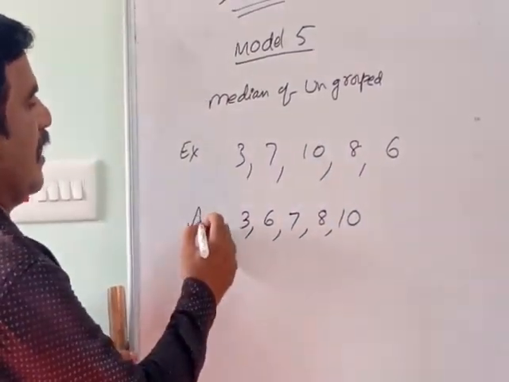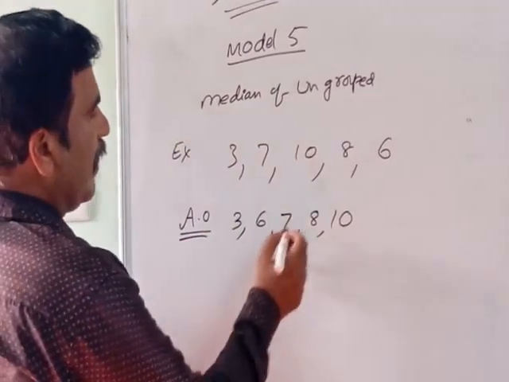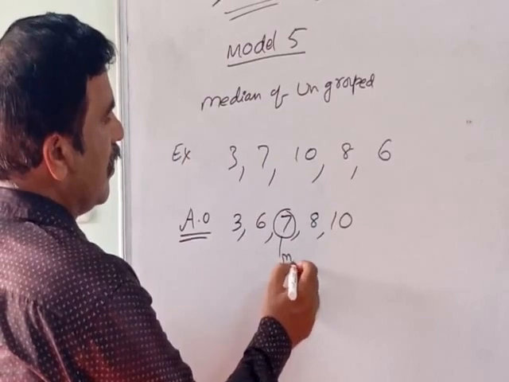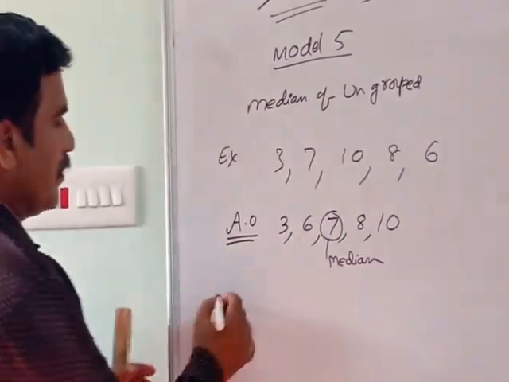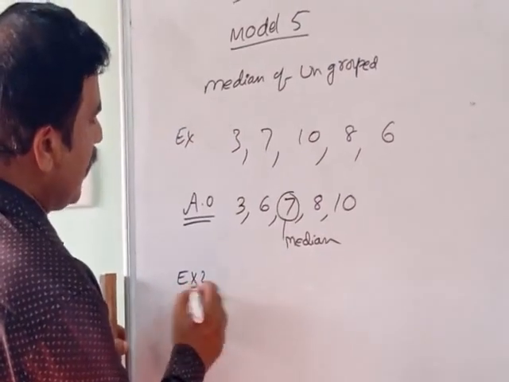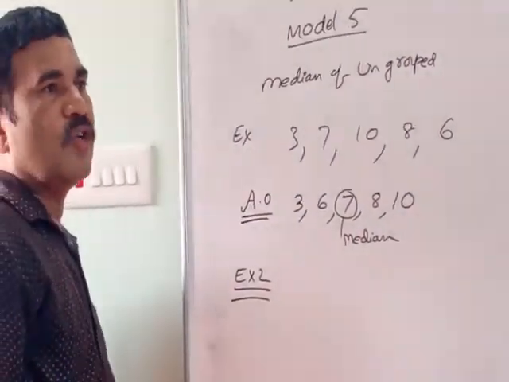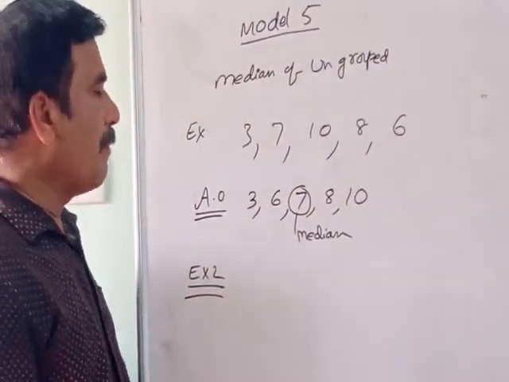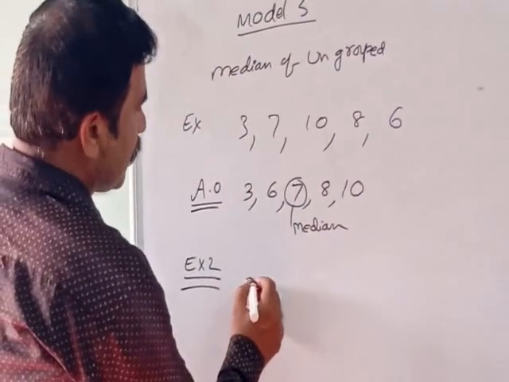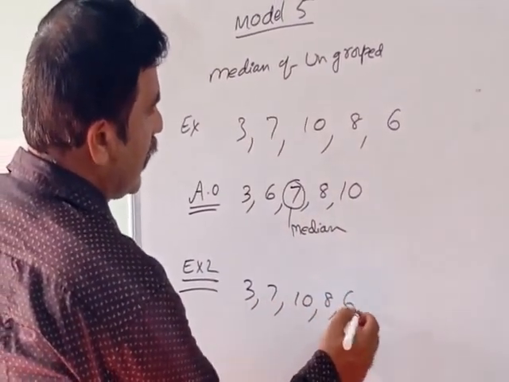This is in ascending order. Now the middle one is the third. This is the median. If the number of observations is an even number, then there are 2 middle values. Therefore, average them and you will get the median. Example: 3, 7, 10, 8, 6, 5.